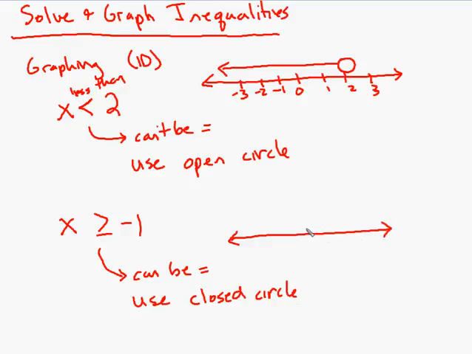And when you're doing this, I don't need you to give me a bunch of numbers, just enough that you get the point across that you know how to count. So this time I'll put my circle above -1, I'll fill it in, and notice it's greater than, notice which way, I go to the right. All these numbers are bigger than -1. Does that make sense? Any questions on how to graph them?